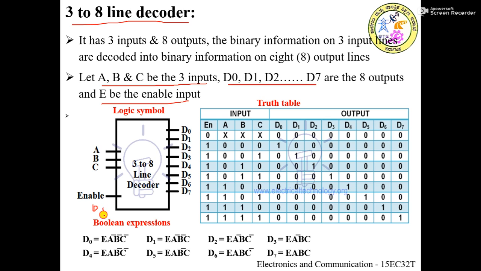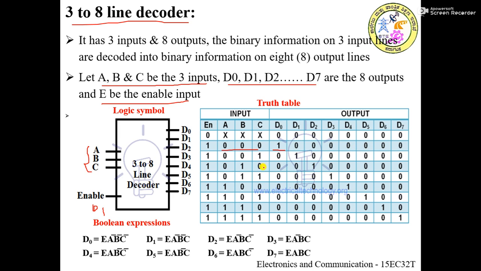If the enable pin is made high, then according to the binary information on the input lines A, B and C, only one among the 8 output lines will be activated, and that will be active high. The rest of the output lines will remain 0. You can see here for 0 0 0, D0 is activated, so it is made 1 and the rest of the output lines are 0.